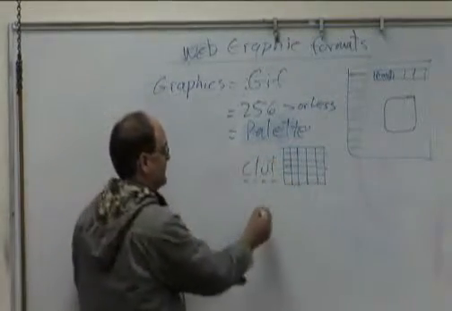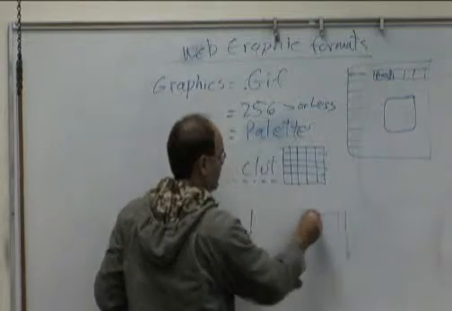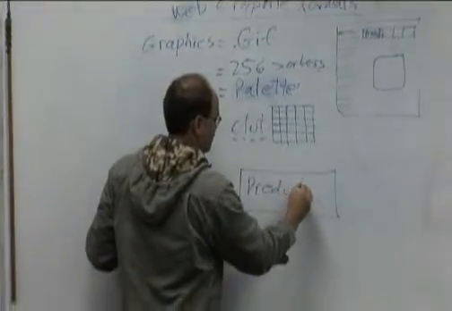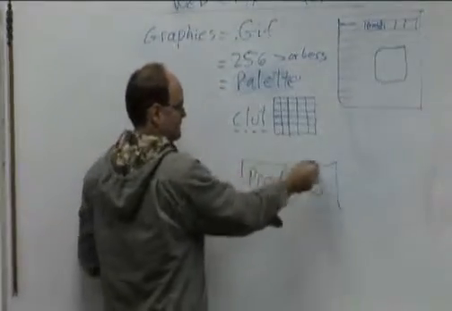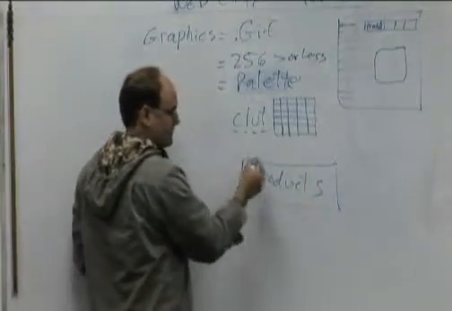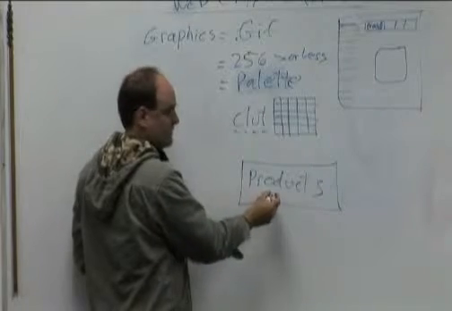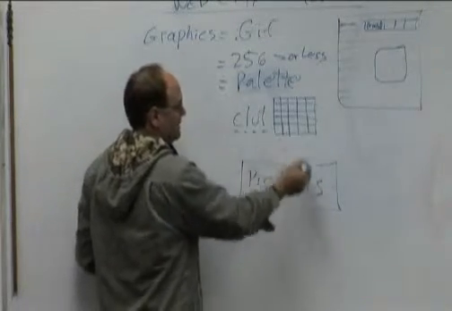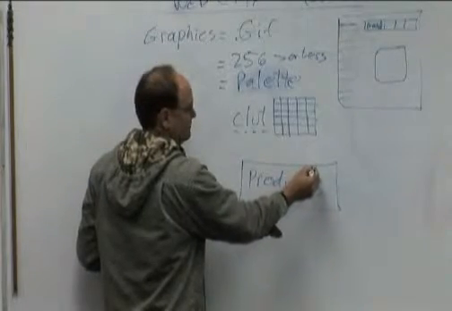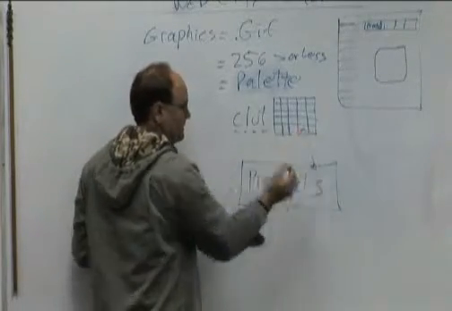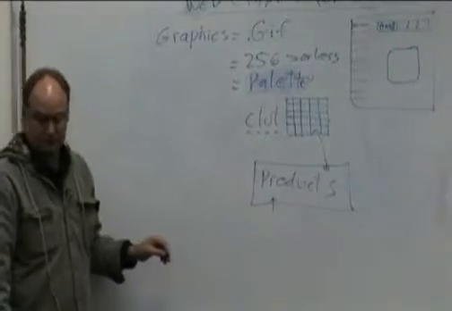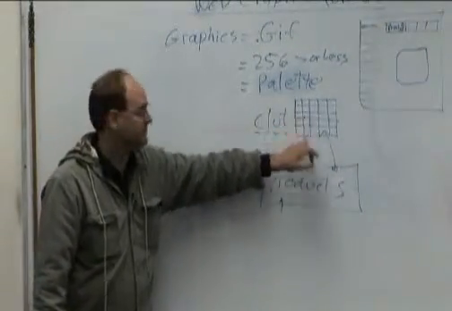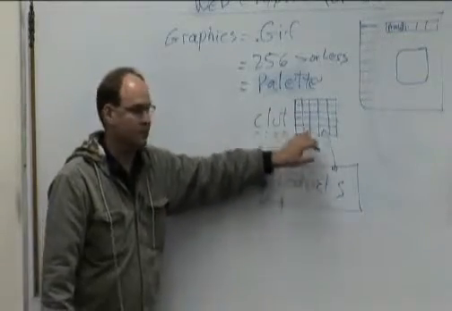Each color, if I'm making a graphic, let's say I'm making a button here, and it's called products, and this has maybe a stroke, a line that goes around, and there's maybe a color inside here, and there's some words, and I'm saving it out as a GIF to put on my website. Each color pixel that is in this graphic refers to a color in the color lookup table. So each pixel that's in here has a color relationship to the palette. That's why it's a lot smaller than a JPEG.